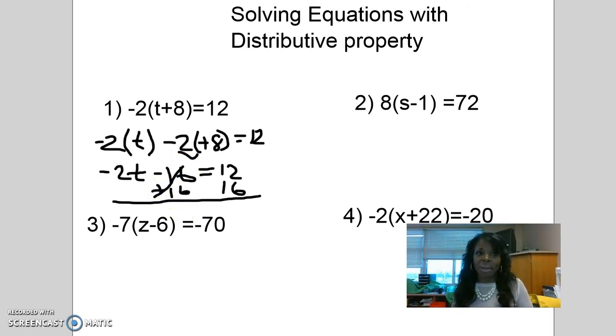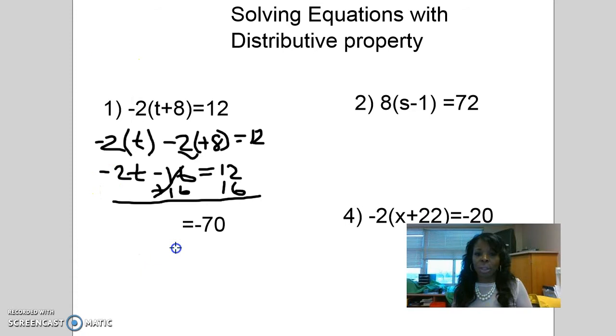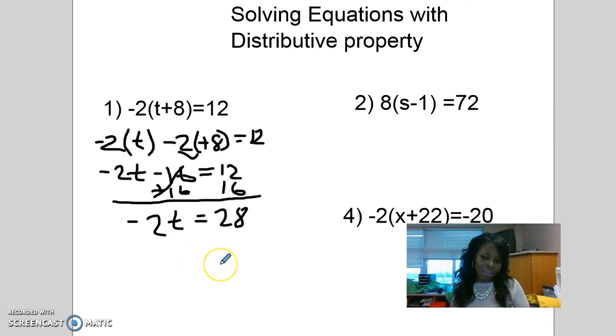And then let me give myself some white space here. And I hope at this point, you should really be able to solve this. So now we have -2t is equal to 28. Okay, so now what we need to do is we need to know what is the value of 1t.